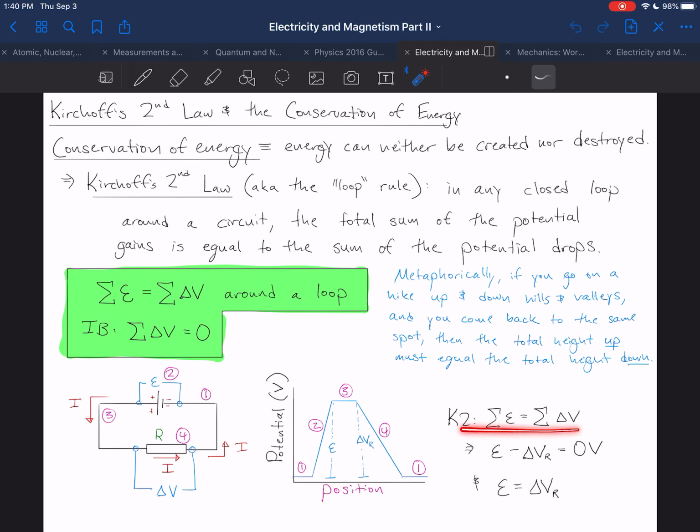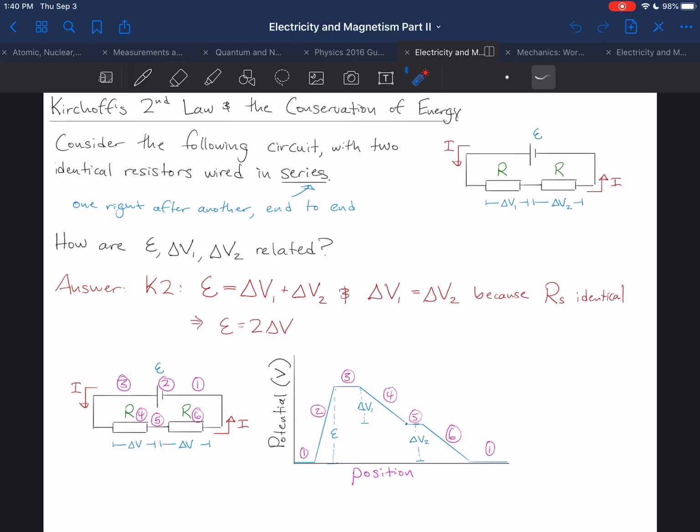So if we apply Kirchoff's second law to our original simple circuit, it just says the sum of the EMFs, in this case just the EMF, is equal to the sum of delta V, and the sum of delta V here is just the potential difference across the resistor, and therefore EMF minus delta VR is then equal to 0 volts, and the EMF is equal to delta VR.